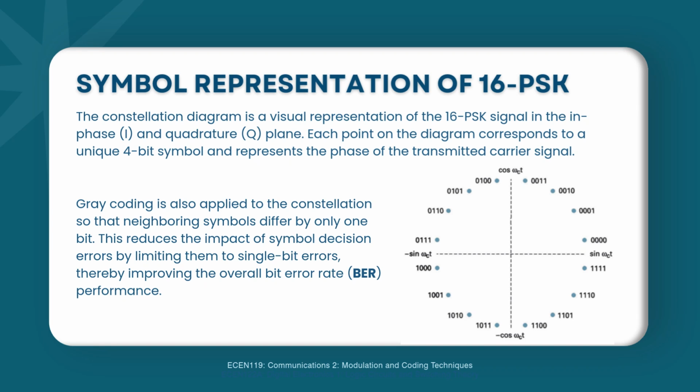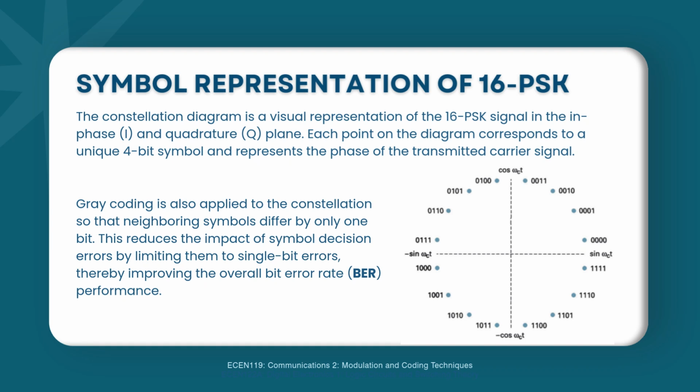The constellation points are uniformly spaced around a circle, with an angular separation of 22.5 degrees, reflecting the equal phase spacing used in 16 PSK. This circular arrangement highlights that information is carried solely in the phase of the signal, not in its amplitude. Gray coding is also applied to the constellation such that adjacent symbols differ by only 1 bit.